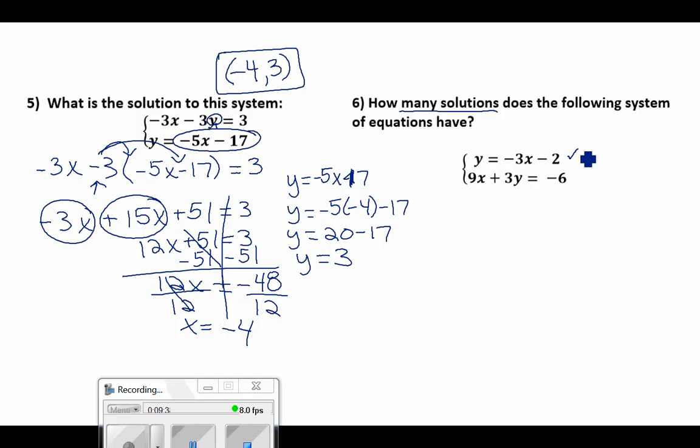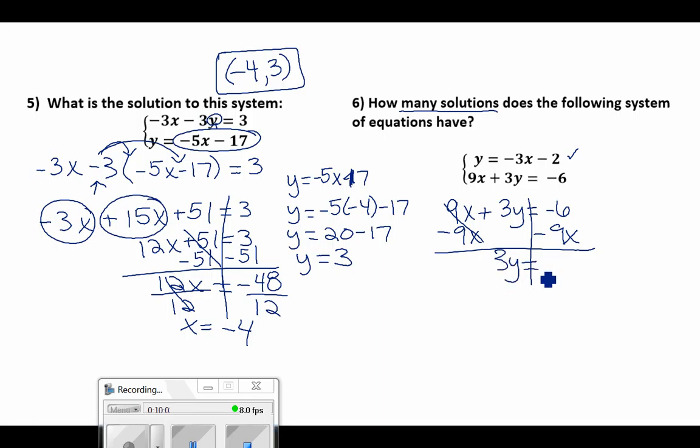So I'm going to solve the second equation for y actually. So 9x plus 3y equals negative 6. We're solving for y. So I'm going to subtract 9x from both sides. Then I'm going to bring down the 3y, and I have negative 9x minus 6.